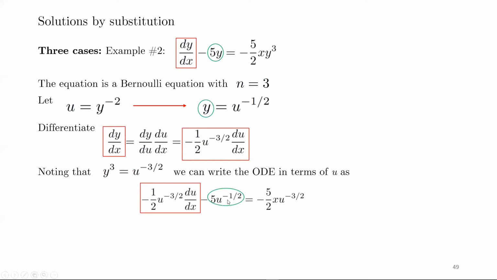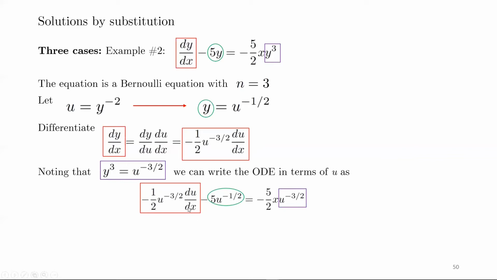And then y cubed is just going to be u to the power of negative 3 halves. So I still have this negative 5 over 2x, but now instead of y cubed, I have this u to the power of negative 3 halves. Okay, well, this is looking good.